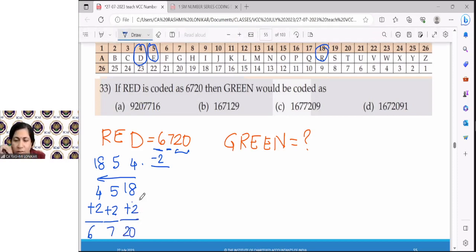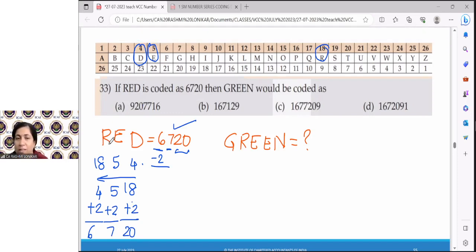Okay, so I have deciphered how RED stands as 6720. I first wrote down the number for each alphabet: R is 18, E is 5, D is 4. And then I reversed the order, and to that reversal, I have added 2.